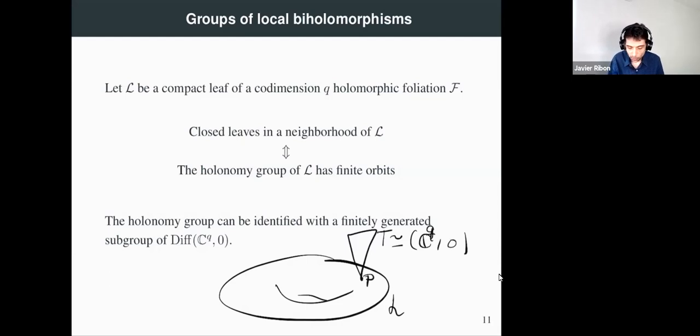And what we have is that the holonomy group, as a consequence, can be interpreted as a subgroup of the group of diffeomorphisms defined in a neighborhood of 0 in C^q.